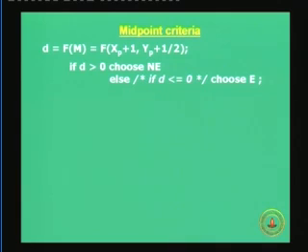Otherwise, you will keep drawing different lines for different situations. So don't keep choosing randomly when d is equal to 0. In one case you choose northeast, in another case you choose east. No, the graphical software which you design must choose consistently and uniformly either northeast or east. In this algorithm, we have said that if d is equal to 0, choose east. So throughout we will follow that if d is negative or equal to 0, we choose east. If d is positive, we choose northeast.